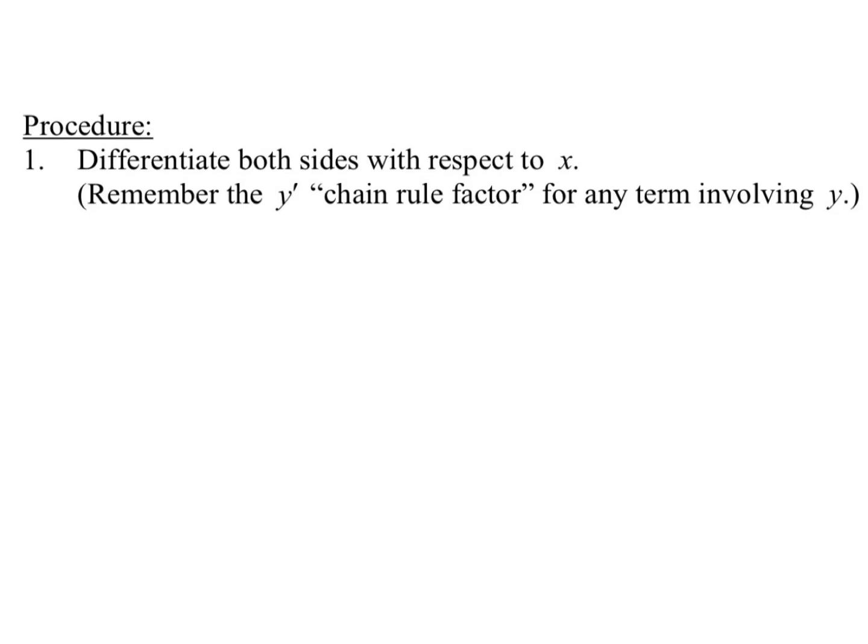And this is the part about the y prime chain rule factor for any term involving y. So if we differentiate a term with y in it with respect to x, that's where we have to get into the implicit differentiation. Because if we differentiate an x term with respect to x, that's literally what we've been doing.